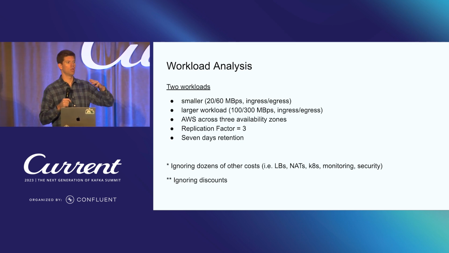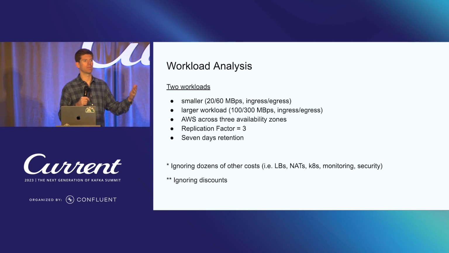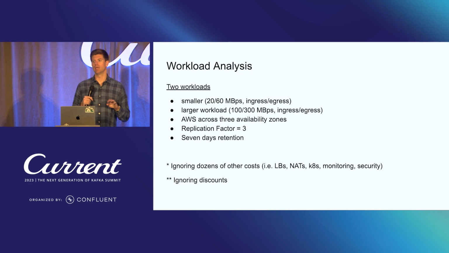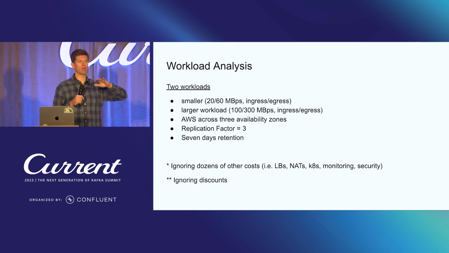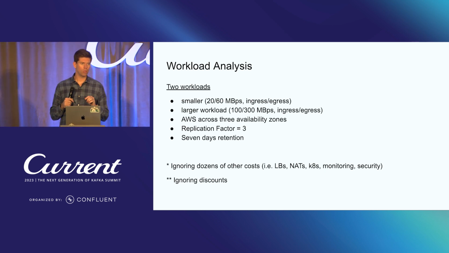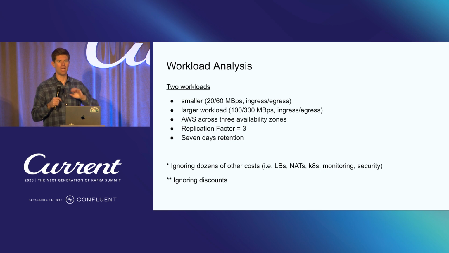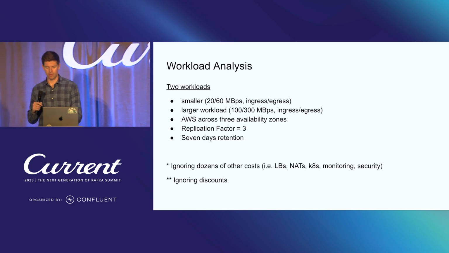These are things that can add on to your bill, and in my experience examining a lot of Kafka clusters, they add somewhere between 10 to 15% above the core infrastructure of the bill. So just something to keep in mind. We're also going to be ignoring any discounts. I'm just going to be using rack rates on AWS as I go through this. Your cloud provider discounts are between you and your cloud provider. So take those into consideration.